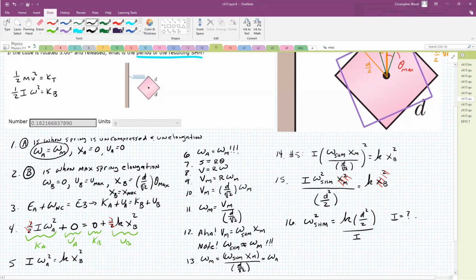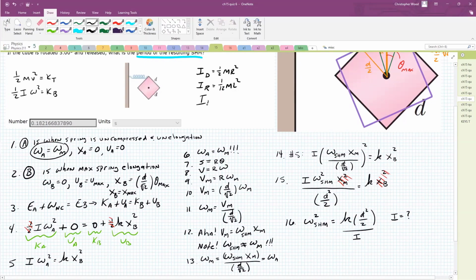And the answer is, well, it's for a cube. You'll have a lookup table and you'll see for a cube, you remember that the rotational inertia for a disk was 1/2 mr squared. The rotational inertia for a ring was mr squared. For a rod, 1/12 ml squared.